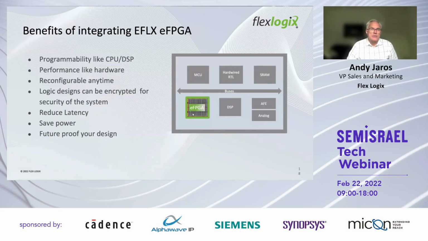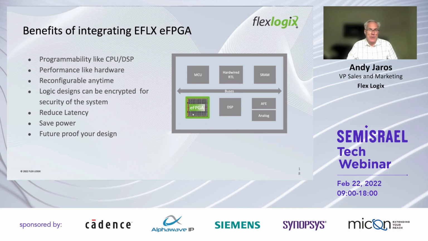There are lots of benefits for integrating an embedded FPGA. Programmability like a CPU or a DSP, but with the parallel processing power and speed similar to hardware. And like a CPU, its reprogrammability anytime saves mask respins and saves lots of money. And if you don't want people to know what's in your FPGA, you can make it secure by encrypting the bitstream or hiding your circuits within the embedded FPGA itself.